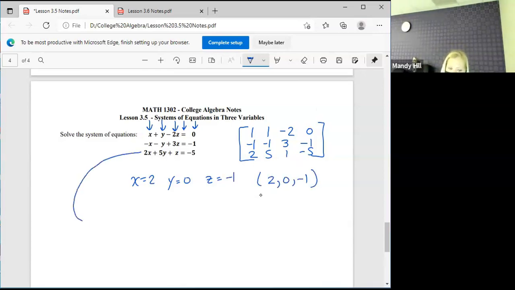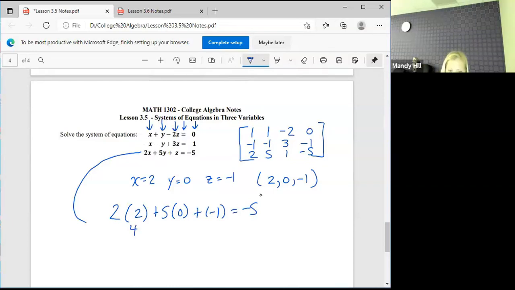So this is what I was talking about. You can check yourself. I'm going to plug these in the bottom equation. So for X, I'm plugging in 2. For Y, I'm plugging in 0. For Z, I'm plugging in -1. And it should equal -5 if I did this correctly.